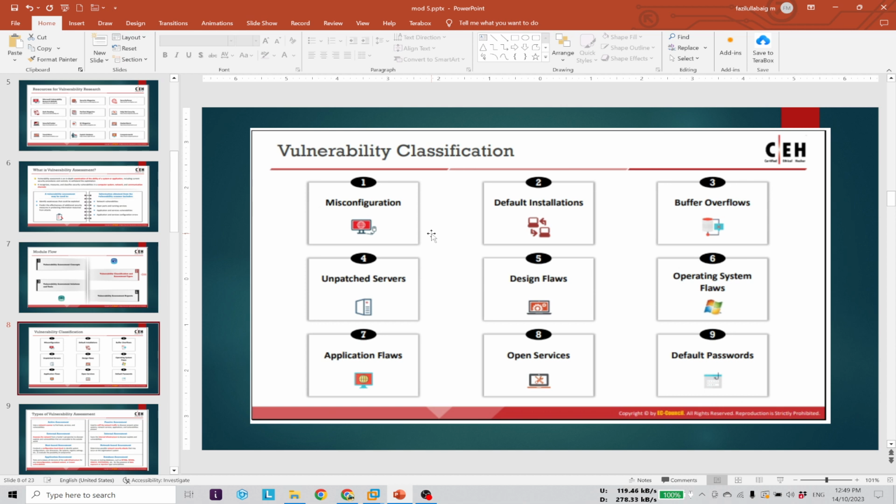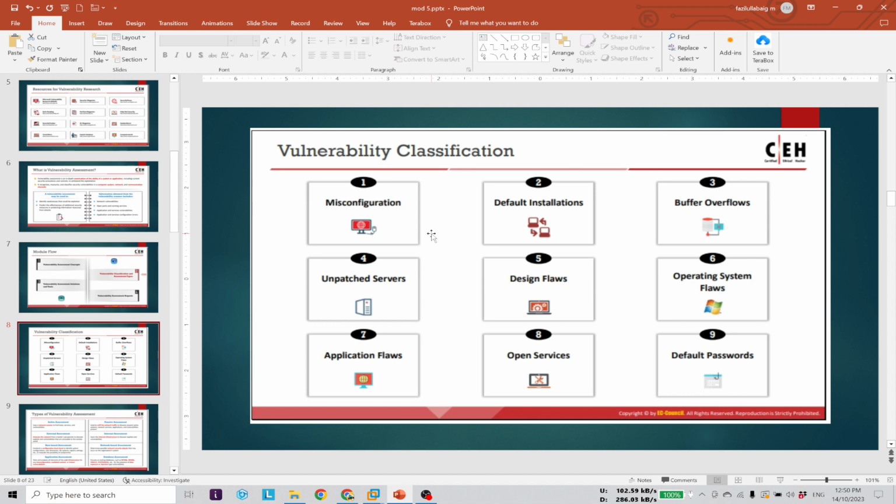Buffer overflow can lead to many attacks, and I'll explain in the upcoming slides how. It is overflowing data so that it can hang our operating system, or cause a denial of service. I will explain what denial of service is in the upcoming slides. So that is also possible with buffer overflows.